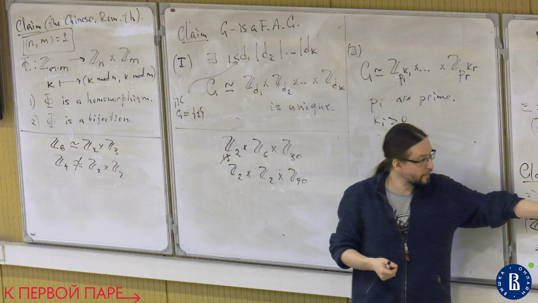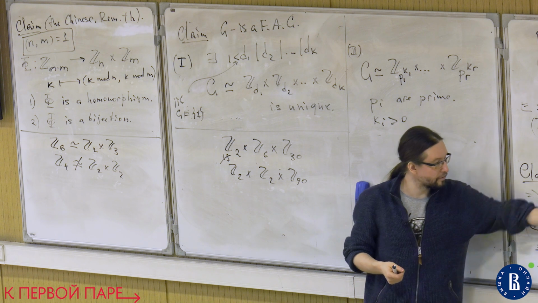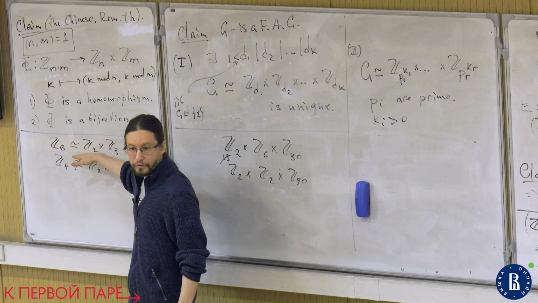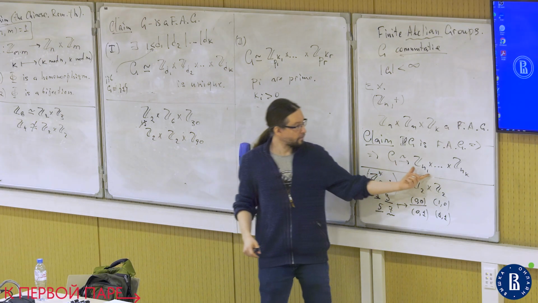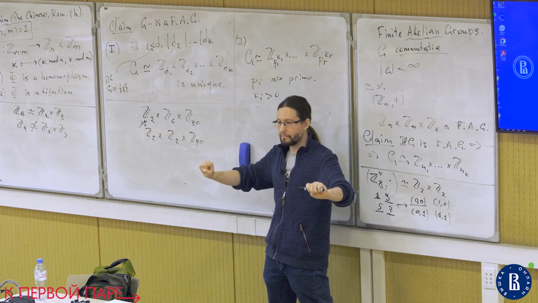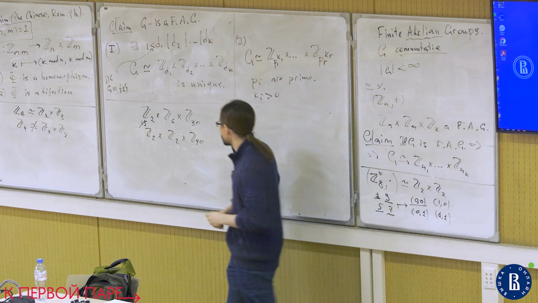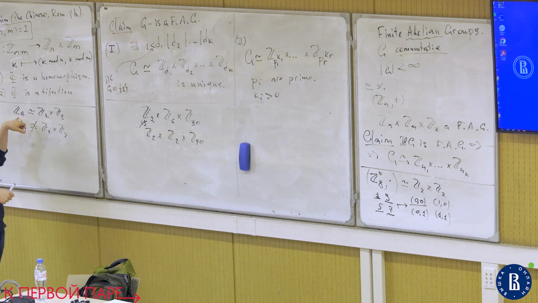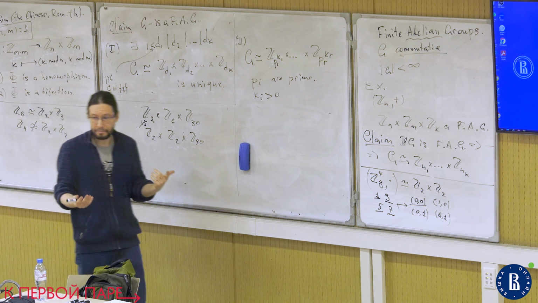If you can rewrite every group G like this, then using the Chinese remainder theorem, you can split each cyclic group into the product of prime-power factors. For example, in case of 6, it's just 2 and 3, but in case of 12, it will be 4 and 3. And 4 is a power of 2. It's not a prime number, but it's a power of a prime number.